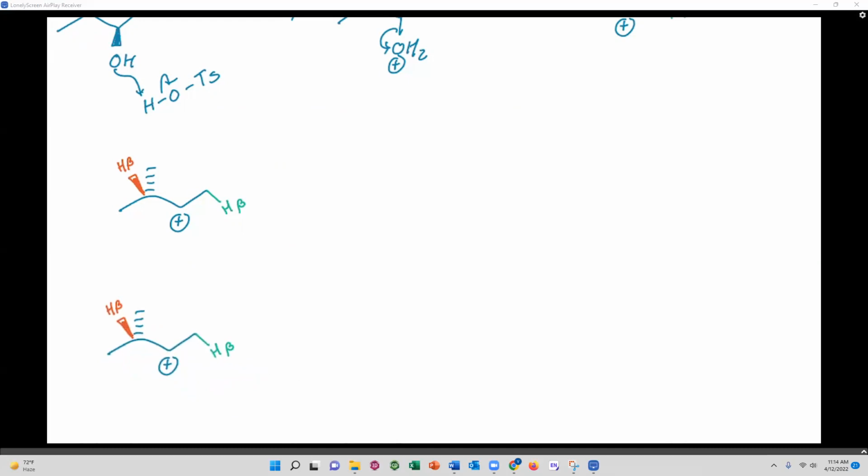All right, so let's look at the elimination of the green beta hydrogen first. So the tosylate that I formed in the previous step is going to come in. It's going to remove that proton, and I'm going to form that bond. Oops, looks like I added an extra carbon. Okay, so this methyl over here is going to remain unaffected. And then what I'm going to have over here is this new alkene.